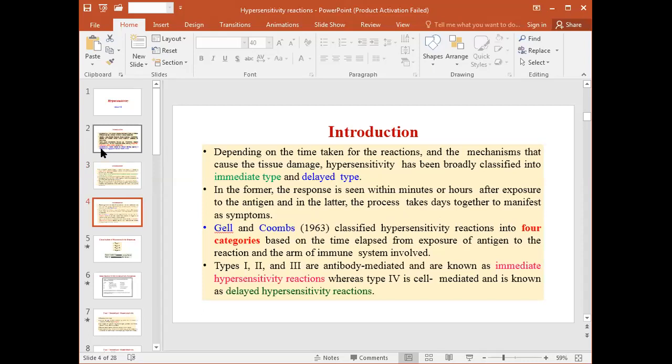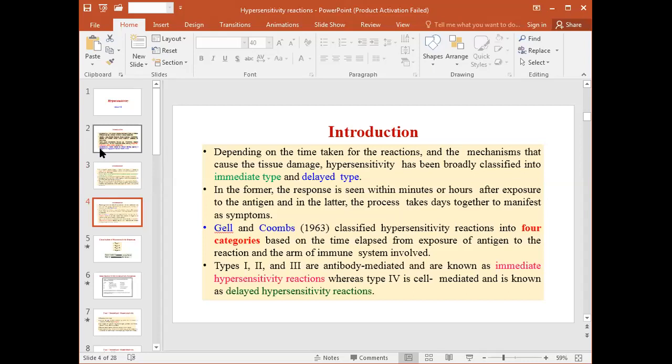So hypersensitivity reactions can be described by the Gell and Coombs classification. Depending on the time taken for the reaction and the mechanism that causes the tissue damage, hypersensitivity can be broadly classified into two types: immediate type and delayed type.